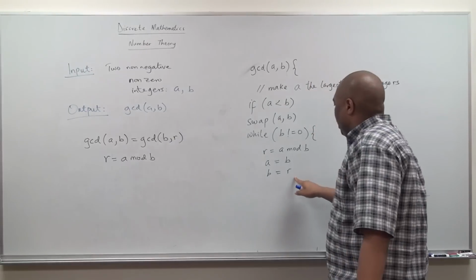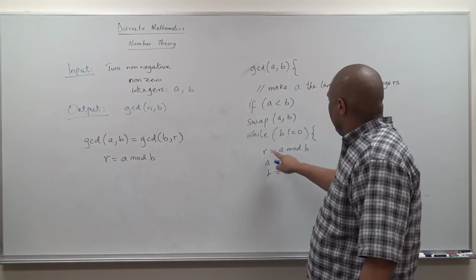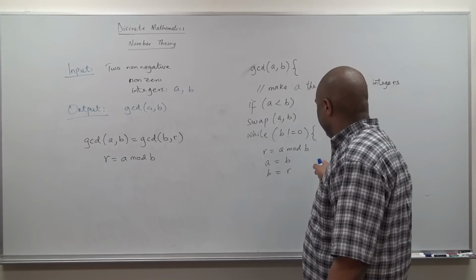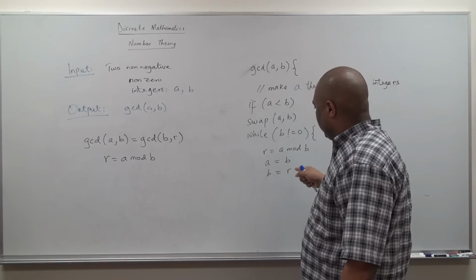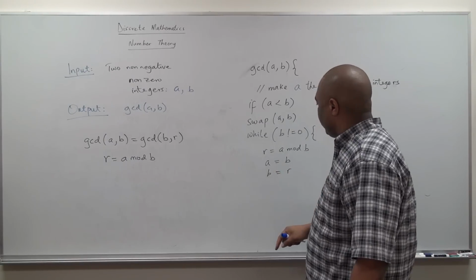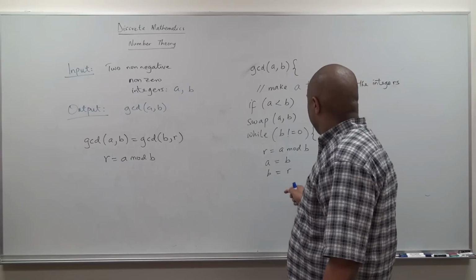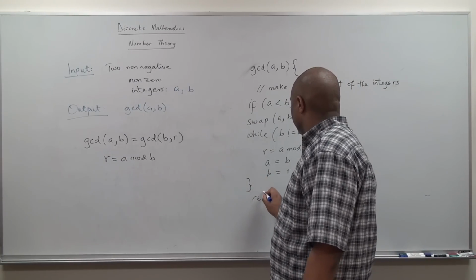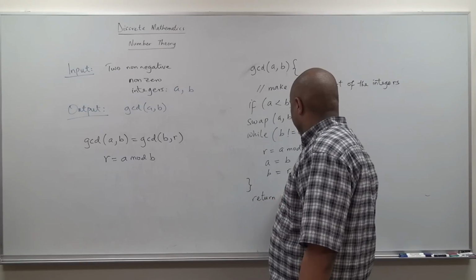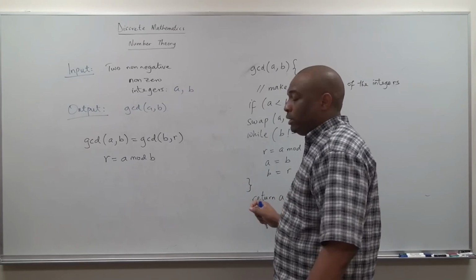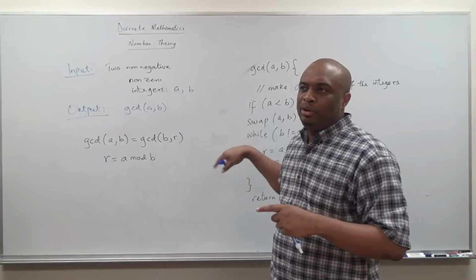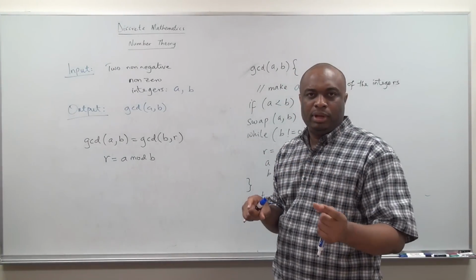Okay, so while B is not equal to 0, R is A mod B, A becomes B, B becomes R, right? Then you close this and you want to return A. Because you keep on doing this until R is 0.